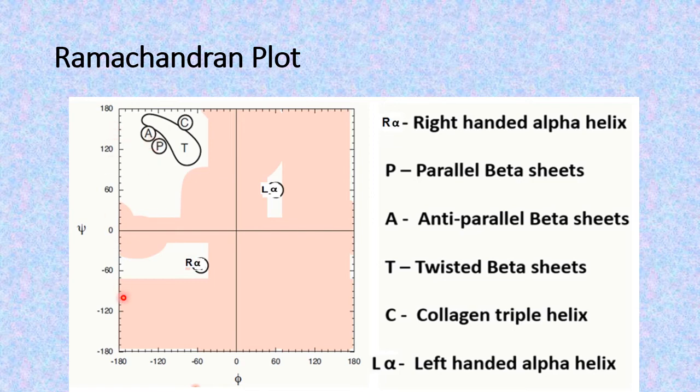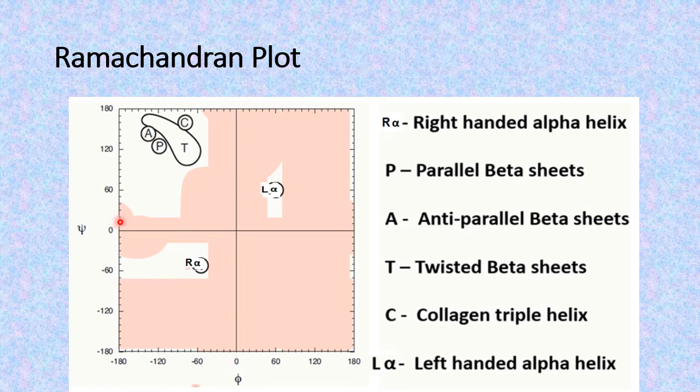So he plotted these different combinations of phi and psi as a graph, where the phi angle was on the x-axis and the psi angle on the y-axis. And for the range of 180, these torsion angles varied from minus 180 degrees to plus 180 degrees for both psi as well as phi. So in the resulting graph, 0 is in the center.